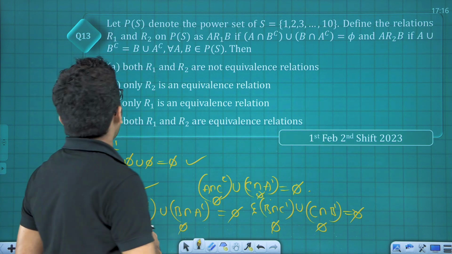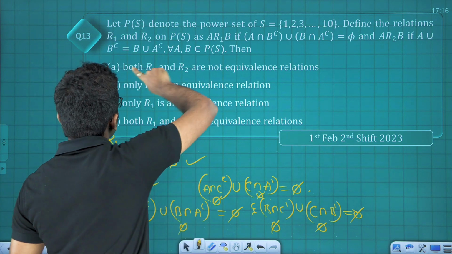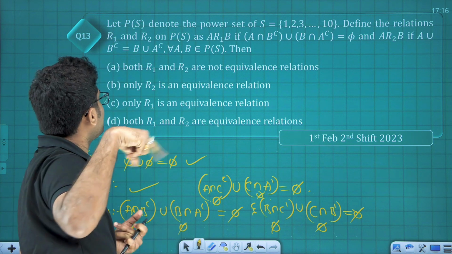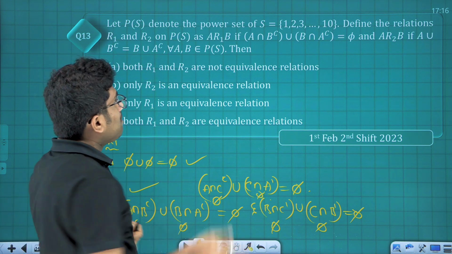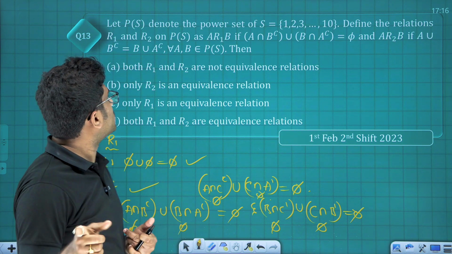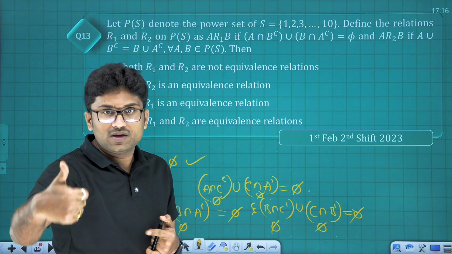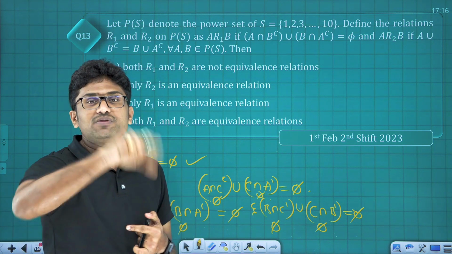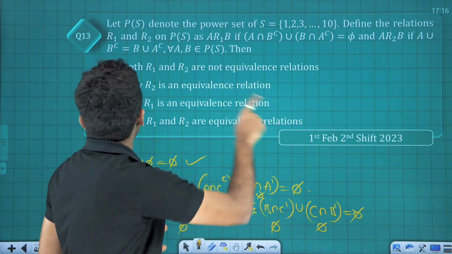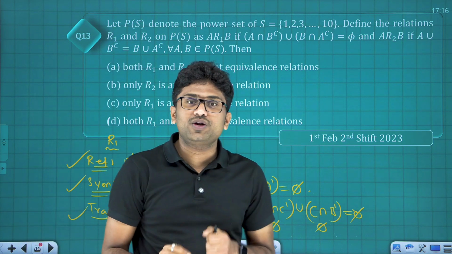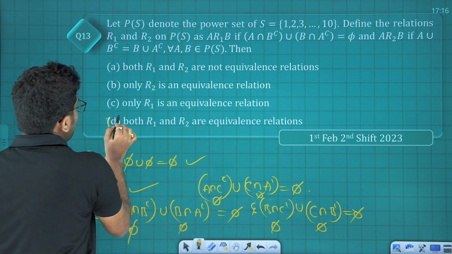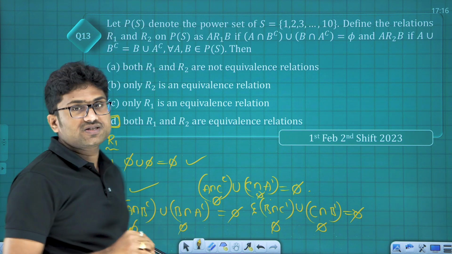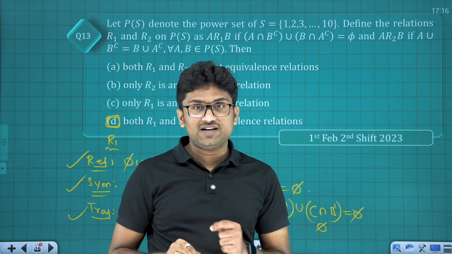A union B complement is equal to B union A complement for A comma B. Next B comma C, B union C complement is equal to C union B complement. From these two we can say clearly A union C complement is equal to C union A complement. That means both the relations are equivalence relations.